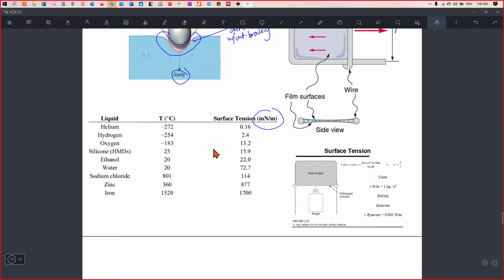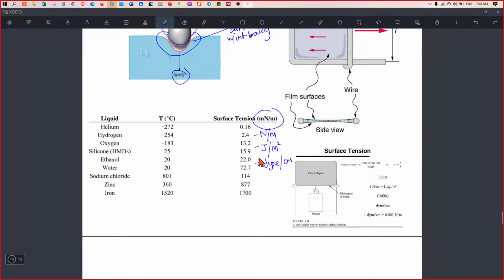Surface tension can be in Newton per meter, joule per meter square, or the popular one, commercially speaking, dyne per centimeter.